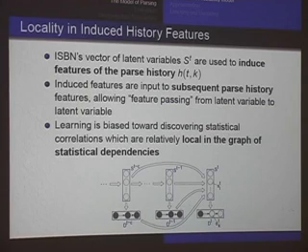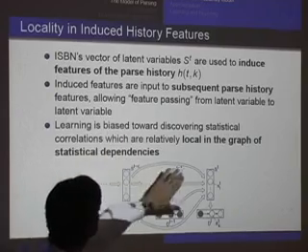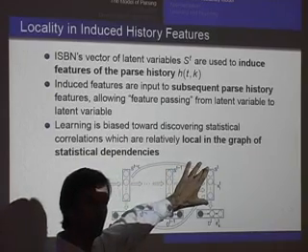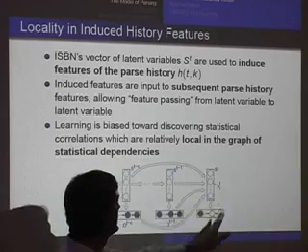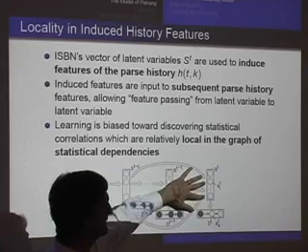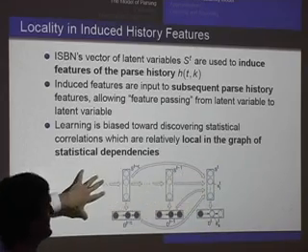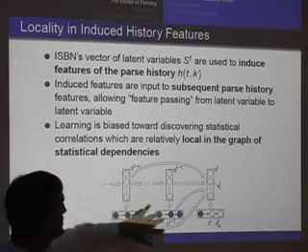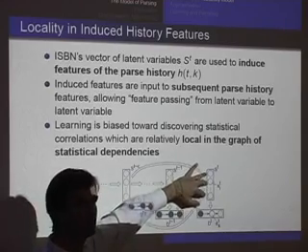Okay, so one of the crucial features of this model, as I've mentioned, are these vectors of features representing a compressed representation of this unbounded history here. You can also think of it as a label of the state of the parser.